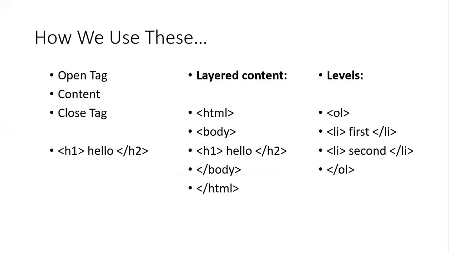So, as I mentioned, most elements, with the exception of the empty elements, of course, are going to have an open tag, content between them, and a close tag. And I realize here that I just made a mistake. See, this is another common mistake that I just made myself. An open tag and the close tag should match.